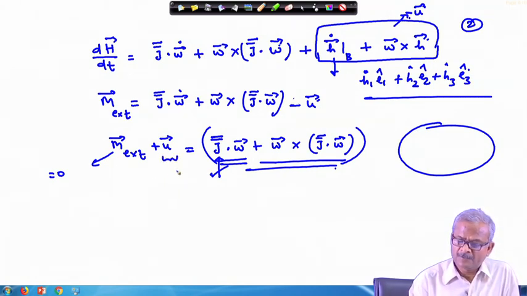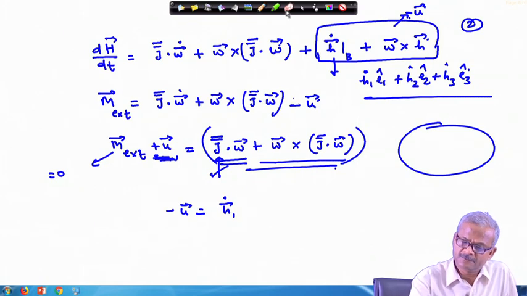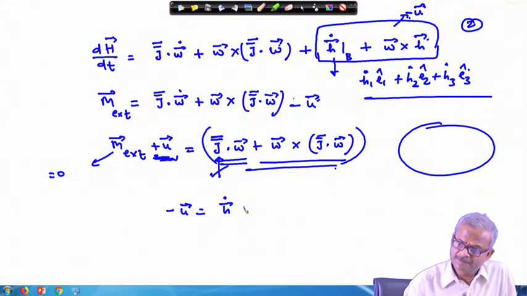So, the internal system you are using, you are writing as minus u, and you have taken it here on the left hand side. So, this minus u from that place is h dot with respect to the body axis, which I will drop that notation and simply write this as omega cross h. Okay.